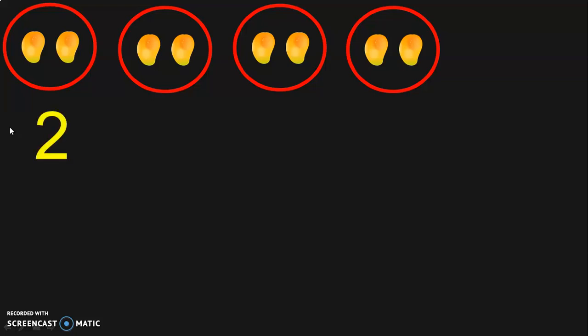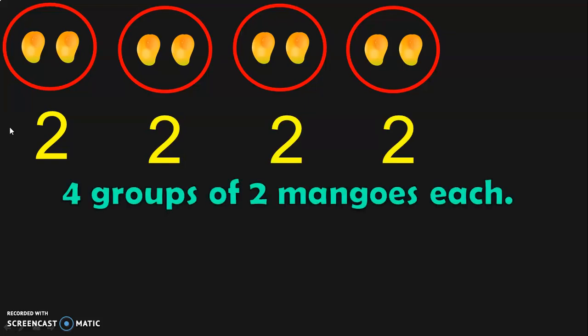So let us write down the number of mangoes in each group. 2, 2, the third group has 2, and the fourth group also has 2 mangoes. So what did we see here? We have 4 groups of 2 mangoes each. How do we find the total number? To find the total number of mangoes, first we are going to do repeated addition.